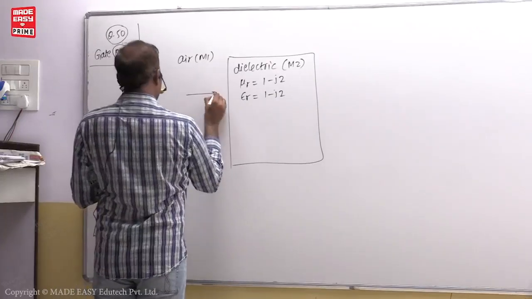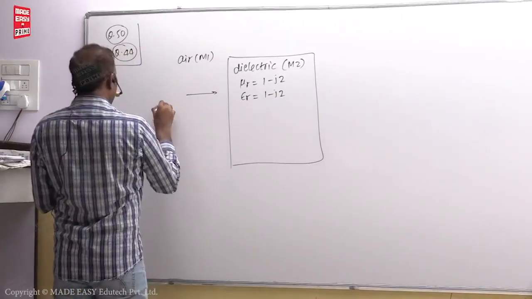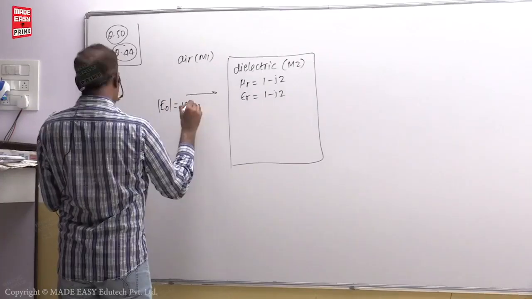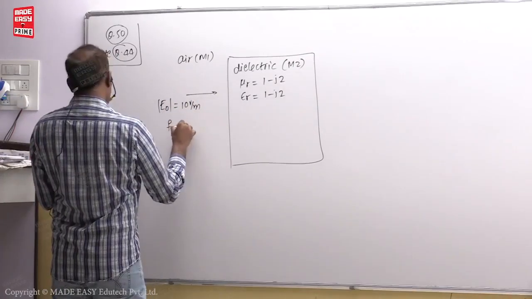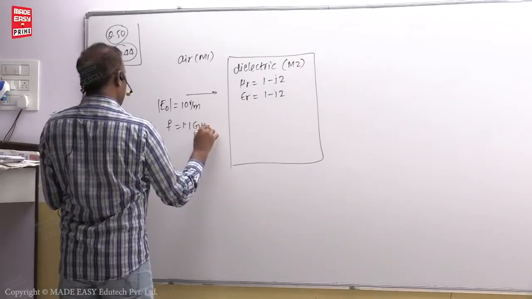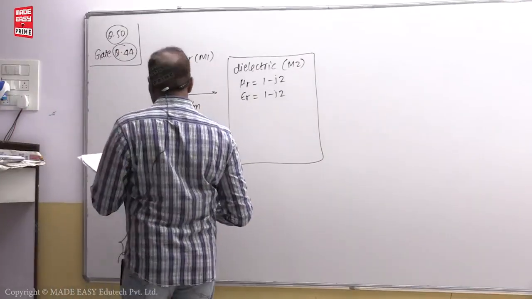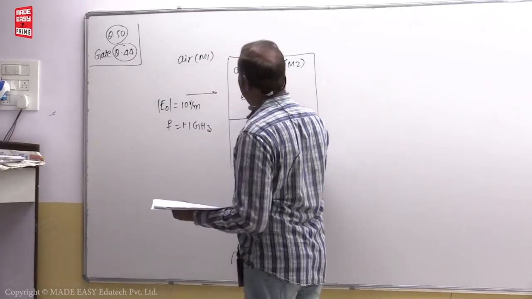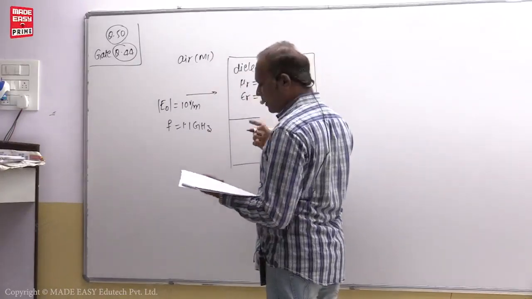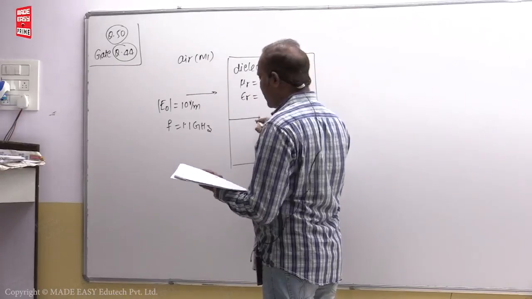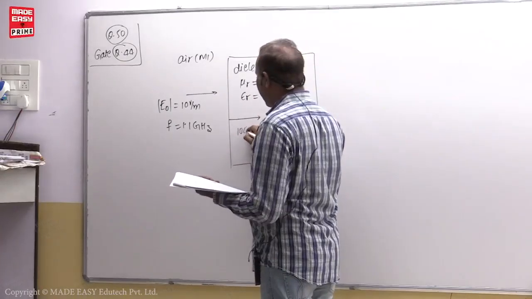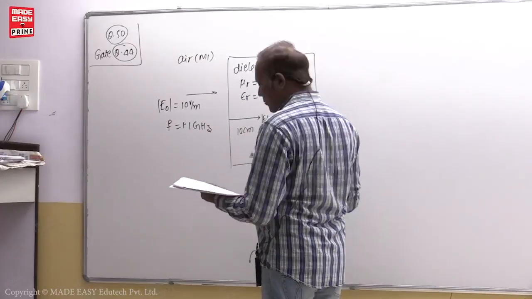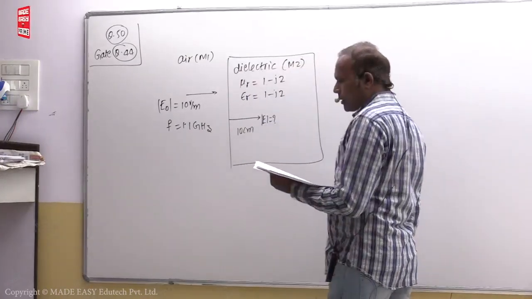And here some electric field is coming, with the magnitude of incident electric field 10 volt per meter and frequency 1.1 gigahertz. Now the question is, inside this dielectric having complex relative permittivity and permeability, at 10 centimeter distance, what is the magnitude of electric field? So that is the question, dear students.